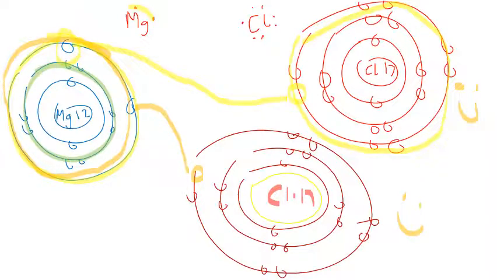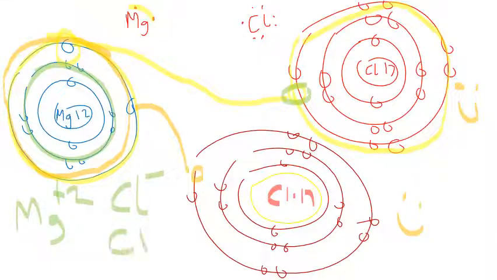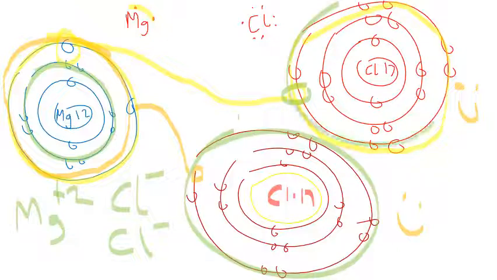Okay, so now magnesium is a +2 because it lost 2 electrons, and I have a chlorine that's a -1 because it gained this electron, and a chlorine that's a -1. So actually 2 chlorines are now happy because they have their full octet.